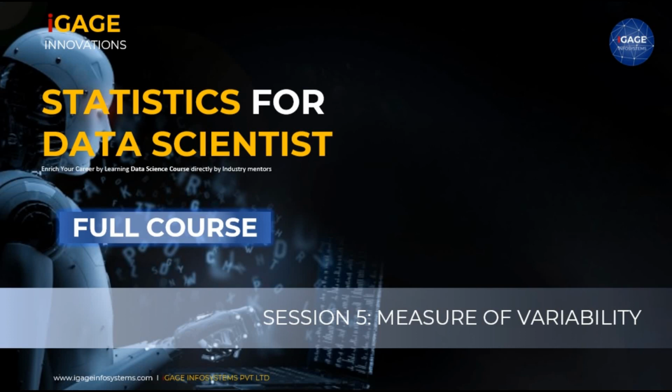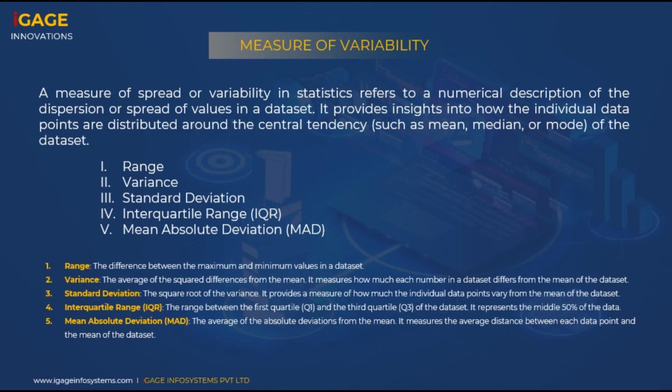Measures of variability, also known as measures of spread or measures of dispersion, help us in quantifying the extent to which the data points deviate from the central tendency. They provide valuable insights into the distribution of data points and how spread out they are from each other.